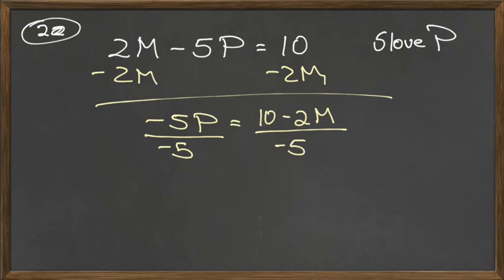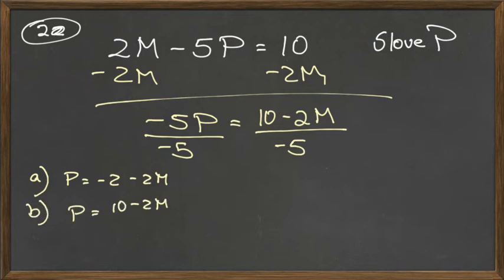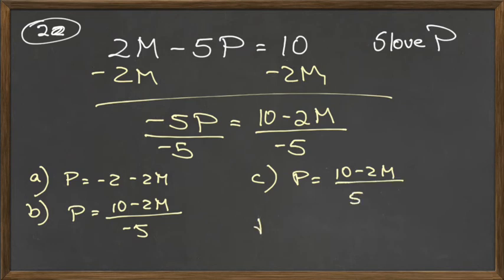If you look at the answer, let me write that down. A is P is negative 2 minus 2m. B is P is 10 minus 2m all over negative 5. C is P is 10 minus 2m over positive 5. And D is P equals 2 minus 2m. So they are not simplifying. You can simplify the 10 over negative 5, which indeed is a negative 2.